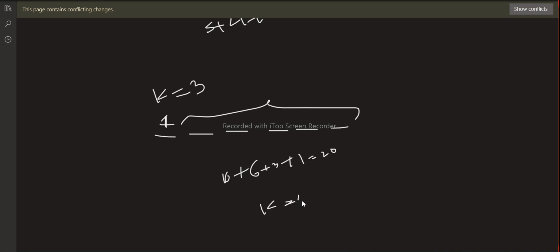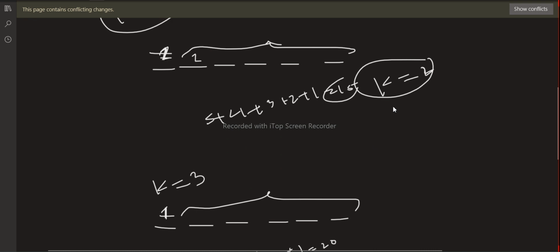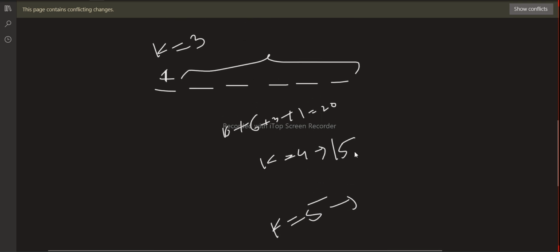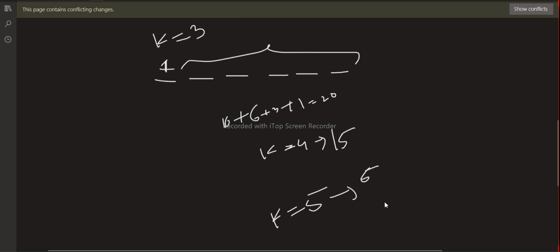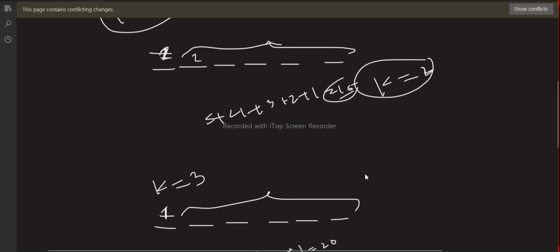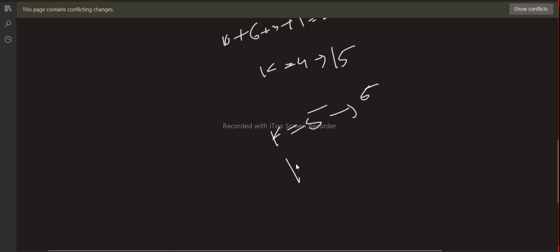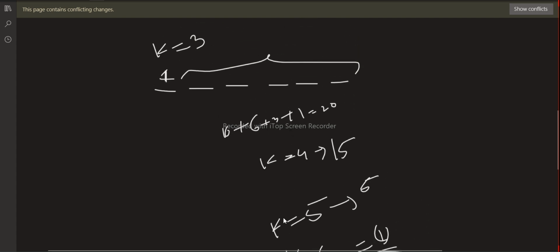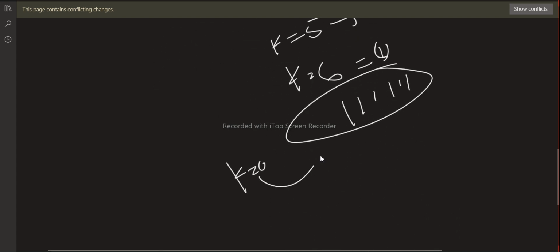For k equal to 4, it is again 15, k equal to 5 it is 6, and k equal to 6 there is only one configuration, 111111. And for k equal to 0, there is only one configuration, all zeros.